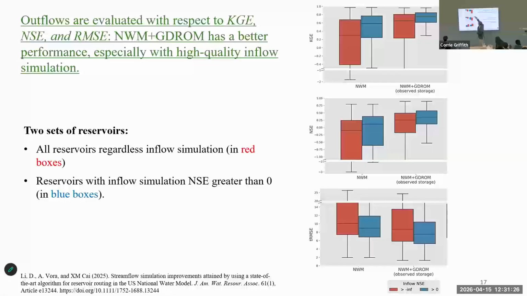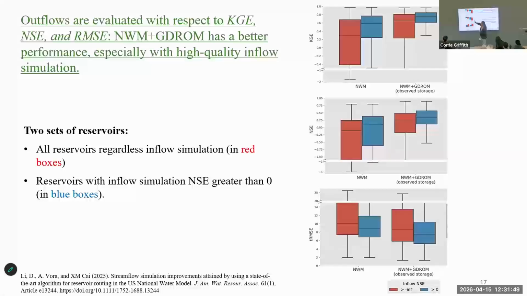And you can see that especially for the more reliable inflow forecast, the below part, we have a significant increase of KGE and NSE and the reduction of RMSE with GDRAM, right?